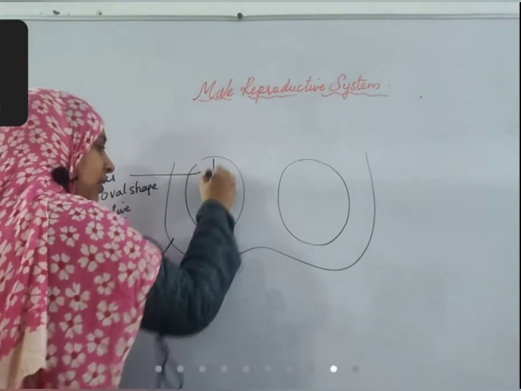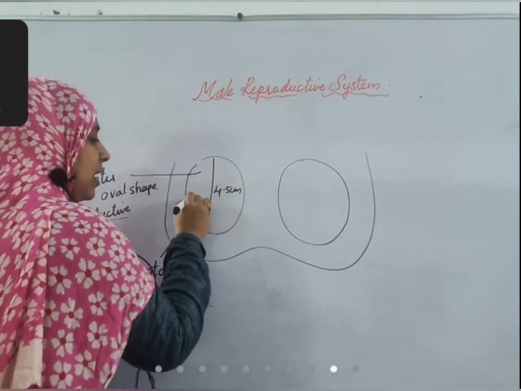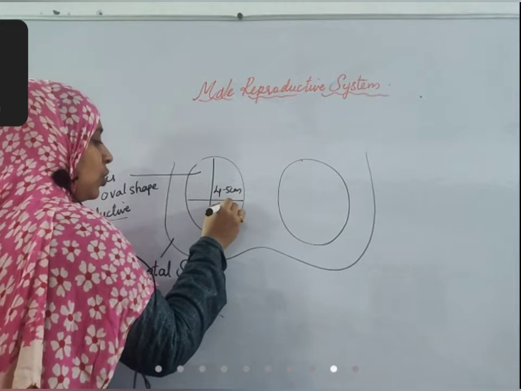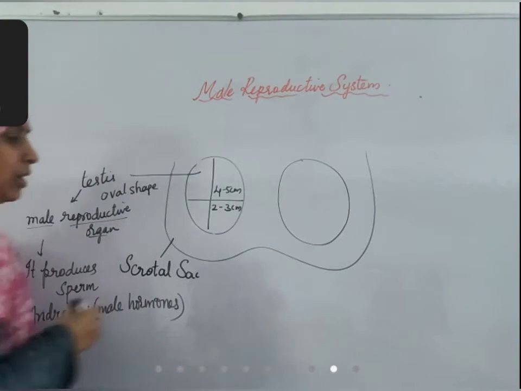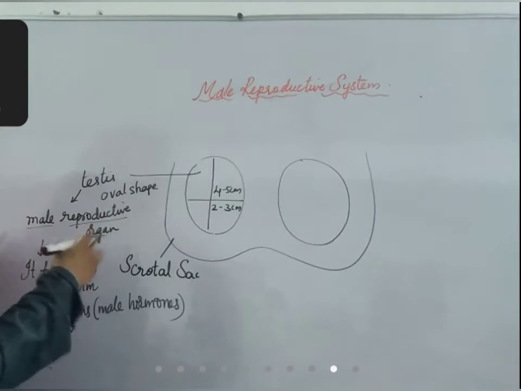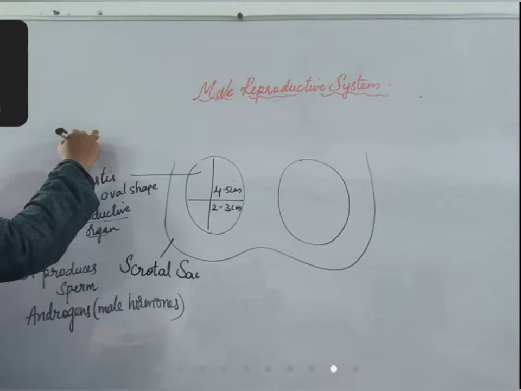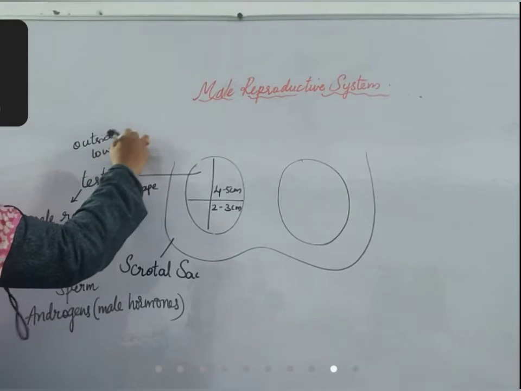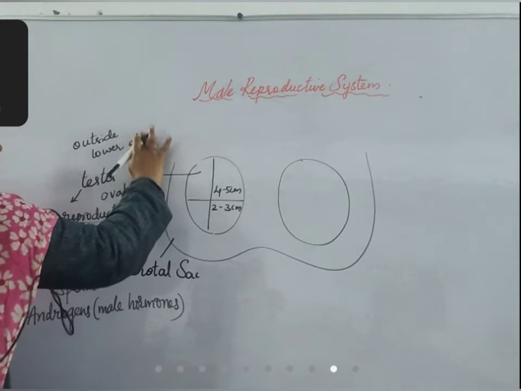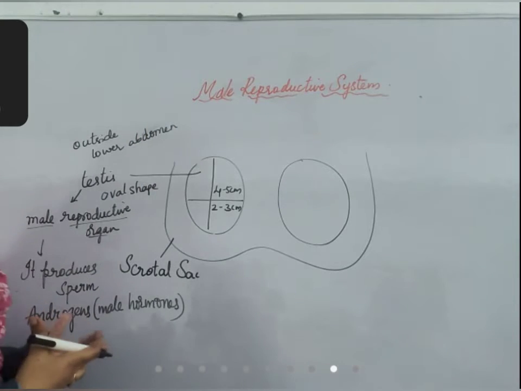The length of this testis is 4 to 5 centimeters, and the breadth is 2 to 3 centimeters. Where is it located? It is located outside the lower abdomen. Since it is present outside the abdomen, it needs protection. Some organ should be there to protect it.